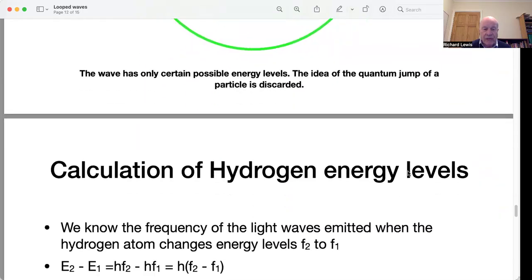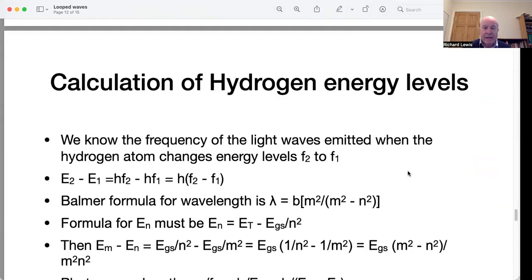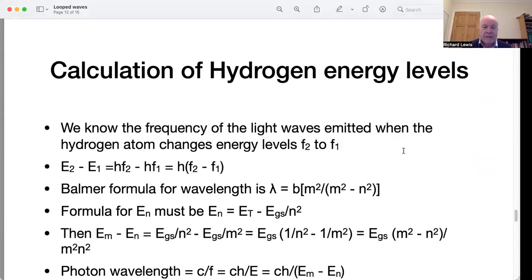So we're going to calculate the energy levels. And to do that, we're going to use the formula which was first calculated by Balmer more than 100 years ago.